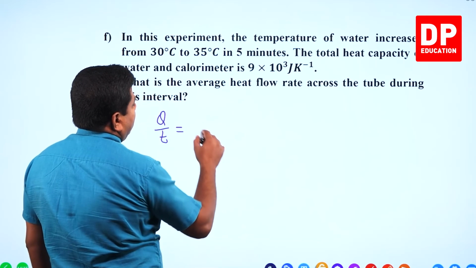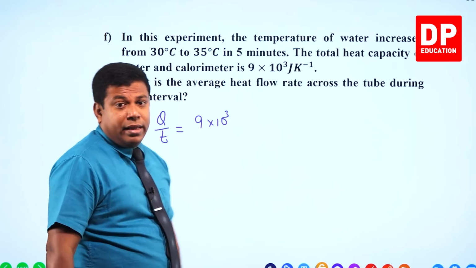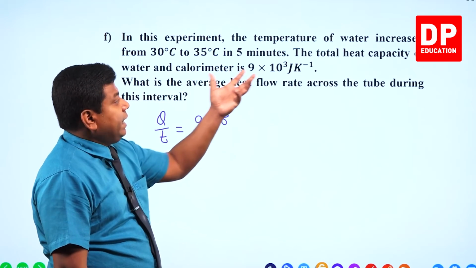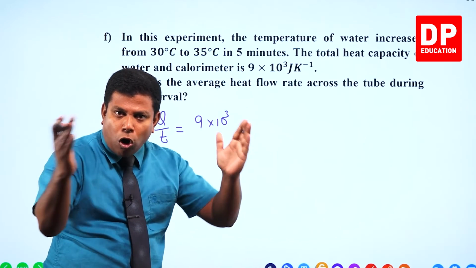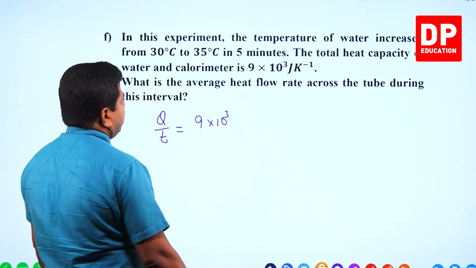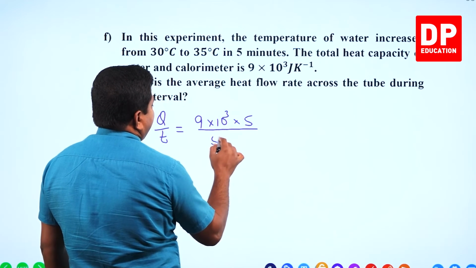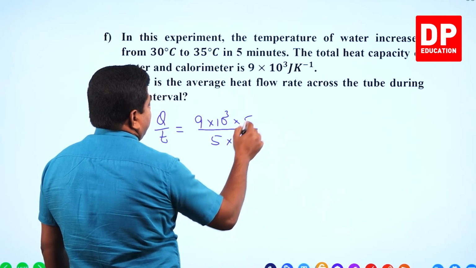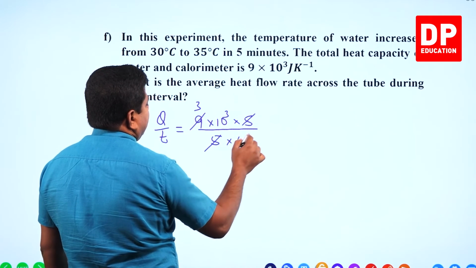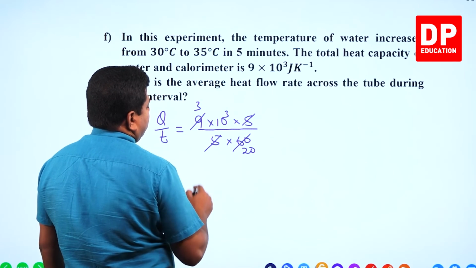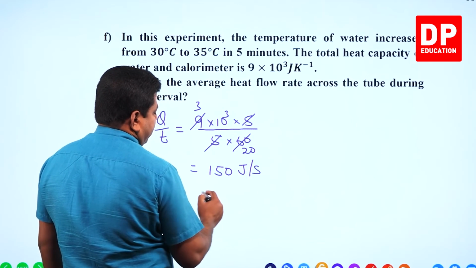We can take 9 into 10 to the power 3 as the total heat capacity, that means MCCC plus MWCW all together, multiplied by the increase in temperature, 5 degrees, in 5 minutes. 5 cancelled, 9 into 10 to the power 3 by 20, 3000 by 20, is 150 joule per second, or you can say 150 watt.